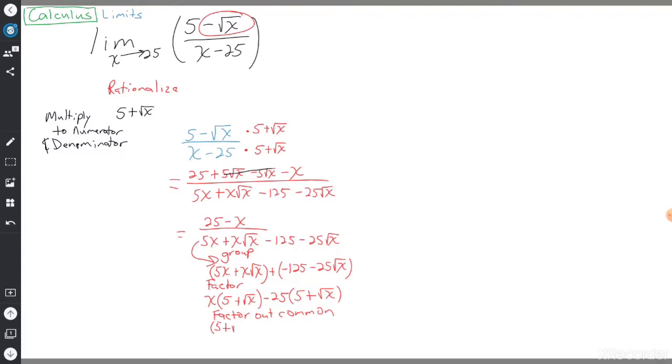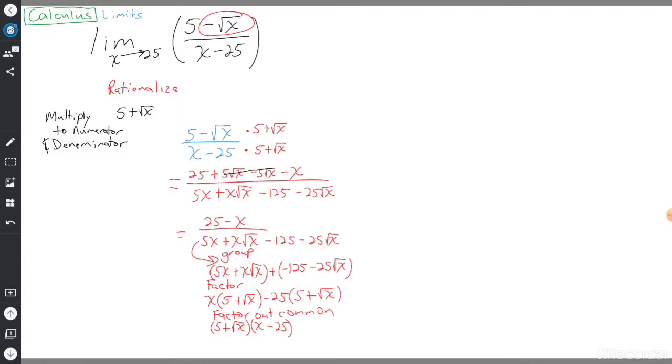So the common term here is 5 plus the square root of x. We factor that out, and in our second set of parentheses we put what's on the outside of those parentheses, which is x minus 25.